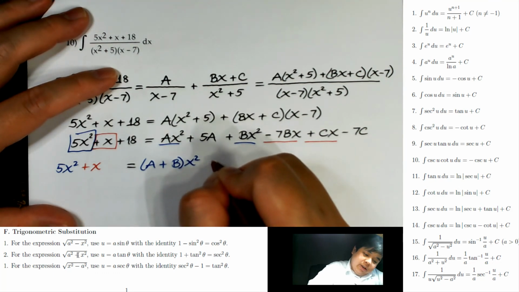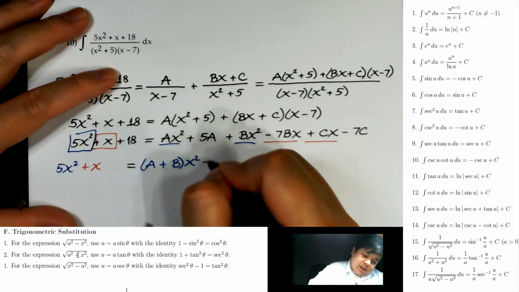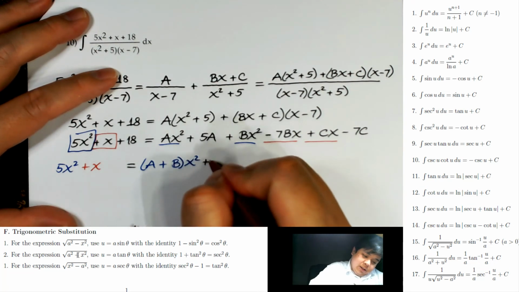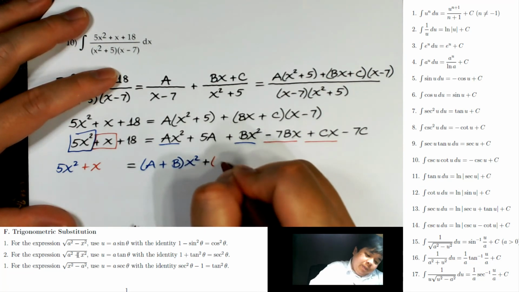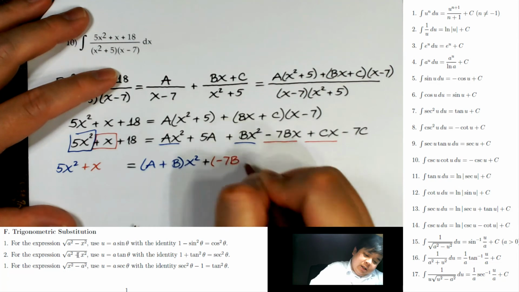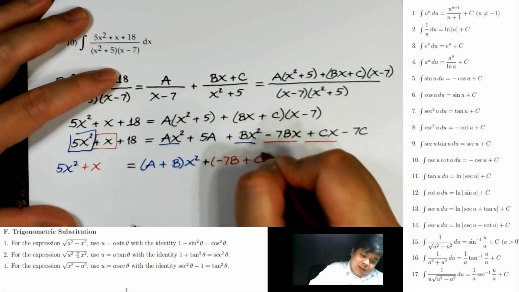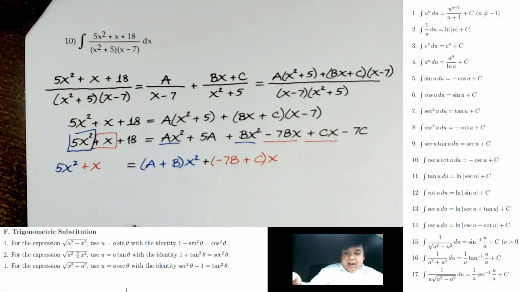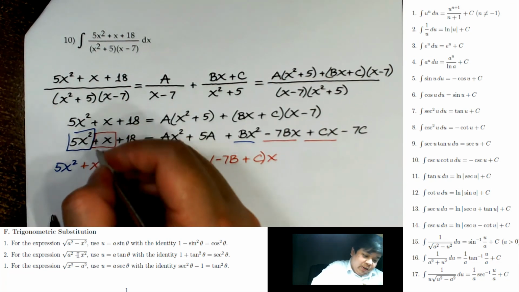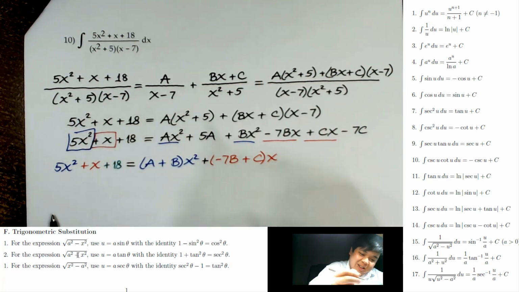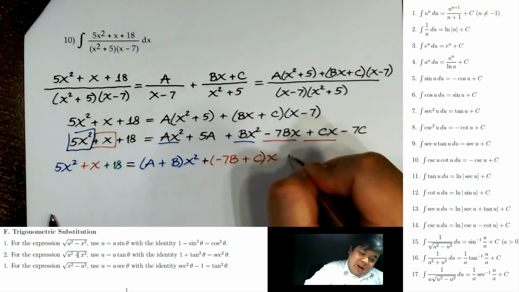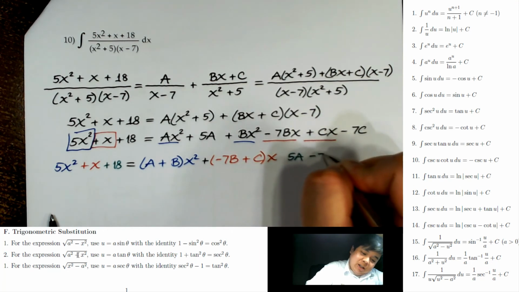So negative 7b plus c, x. And then a constant, just 5a minus 7c.